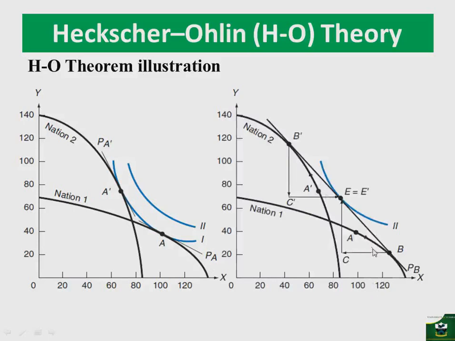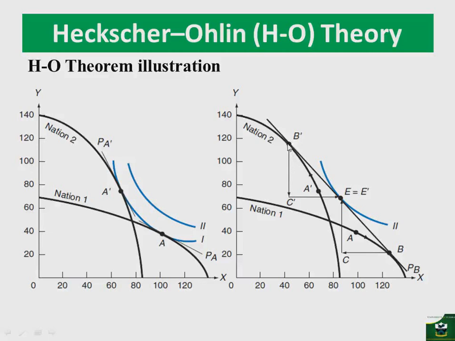If trade is allowed and nations are to move away from their autarky points, Nation 1 will specialize in the production of commodity X and move to point B, while Nation 2 will specialize in the production of commodity Y and move to point B prime. And through trade, the two nations can exchange commodities.